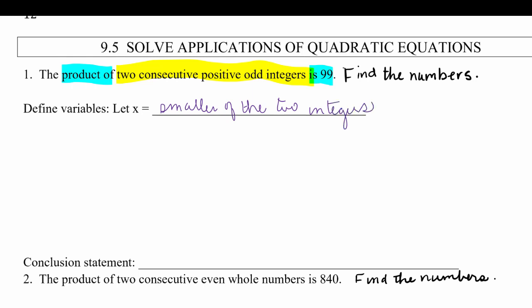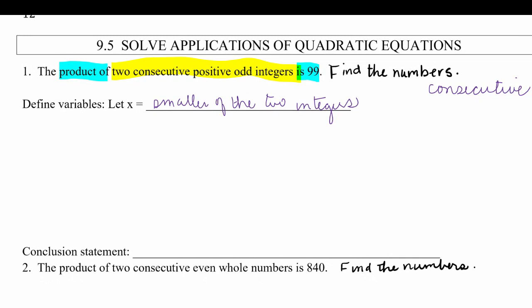All right. And so then we need to think about what it means to have two consecutive odd integers. So consecutive means that they're one right after the other, right? And if they're consecutive odd integers, then here are some pairs of consecutive odd integers: 1 and 3, and 3 and 5, and 5 and 7.